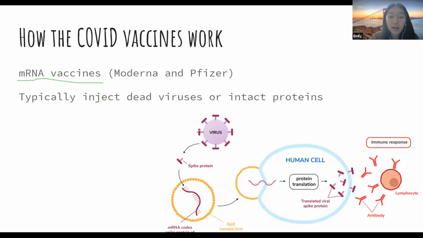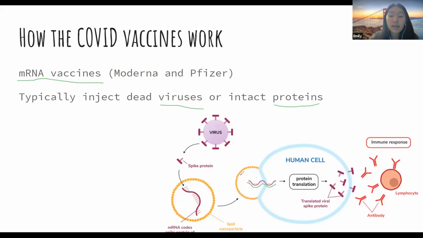So what the mRNA vaccines do is, instead of directly injecting the complete virus or the intact proteins, they inject a kind of instruction manual for making the viruses. This mRNA is a molecule that essentially is a code for a protein.